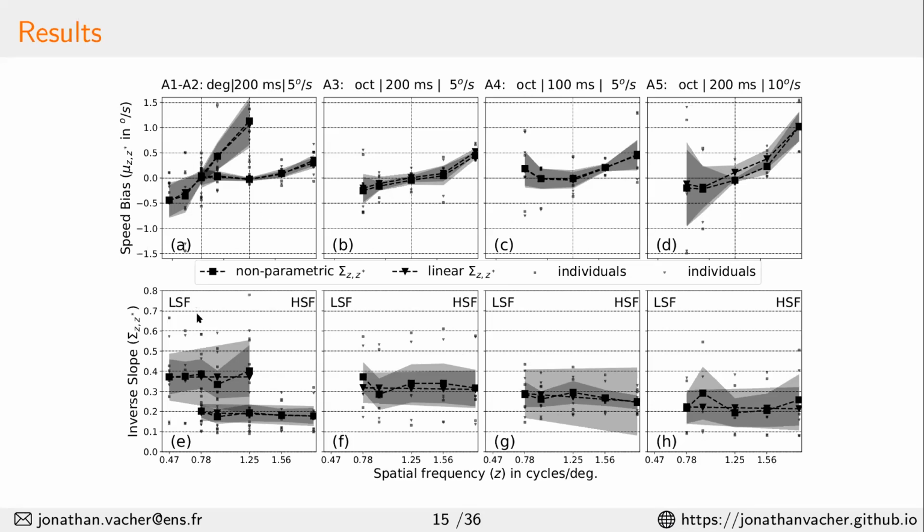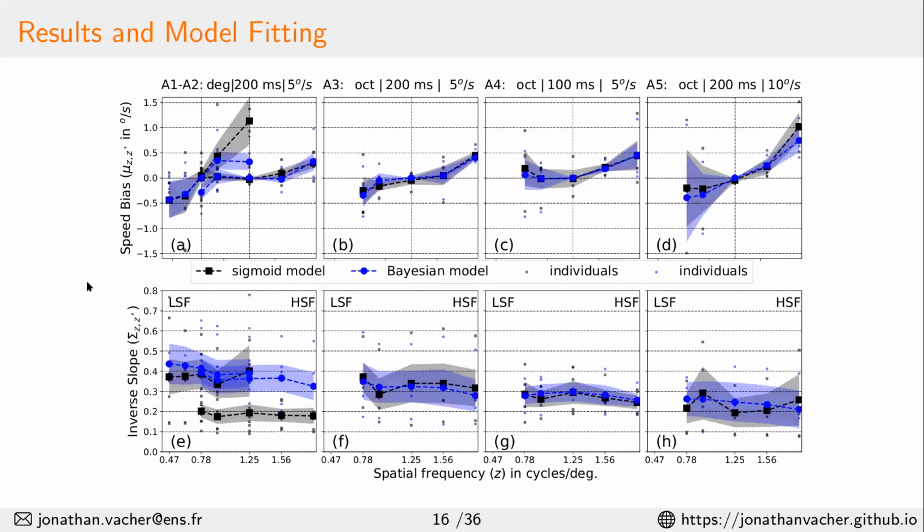It's very hard to see because there is a lot of variability, but overall the sensitivity is decreasing with higher spatial frequency. But those are the results with just a psychometric fit of mu and sigma.